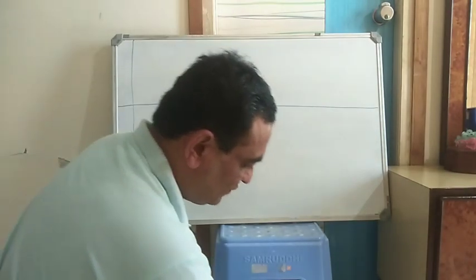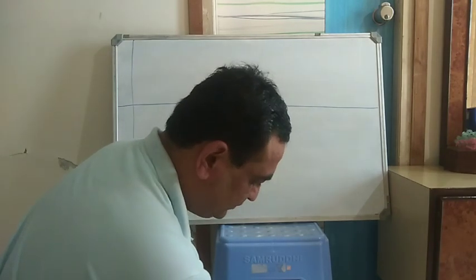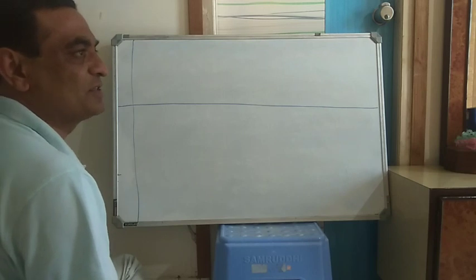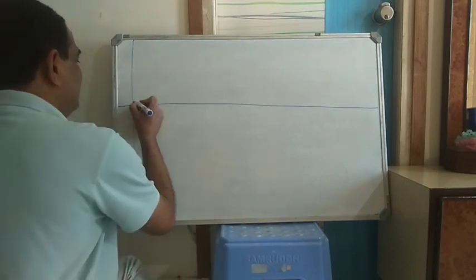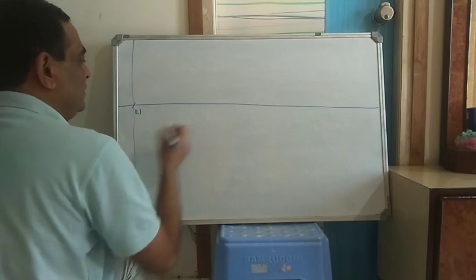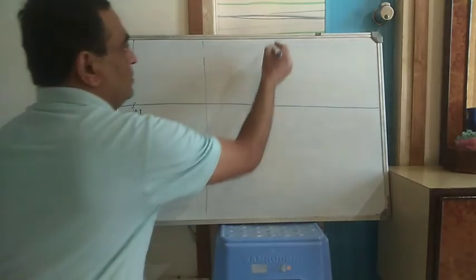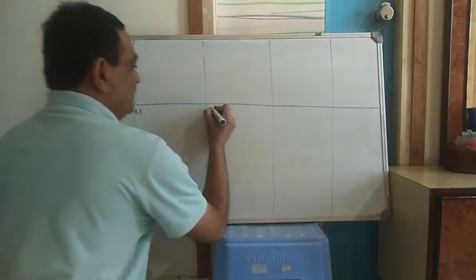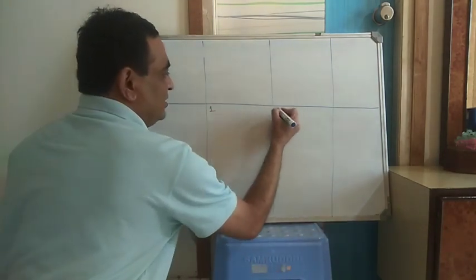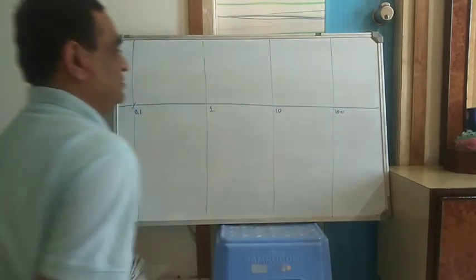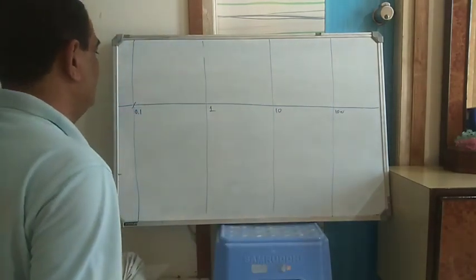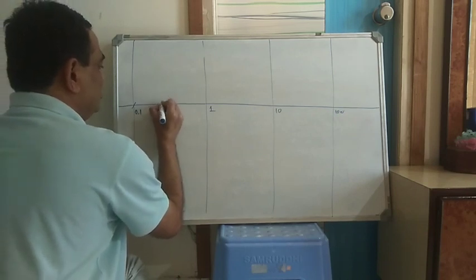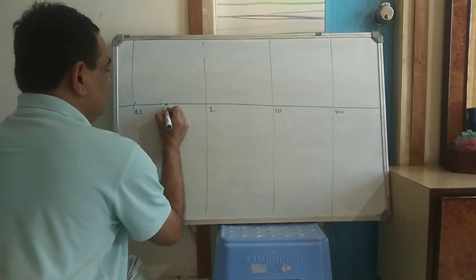My lowest corner frequency was around 0.25, so I can start with 0.1. This is 0.1, this is 1, this is 10, this is 100. So 0.1, this is 0.2, this is 0.3, and 0.25 is here.